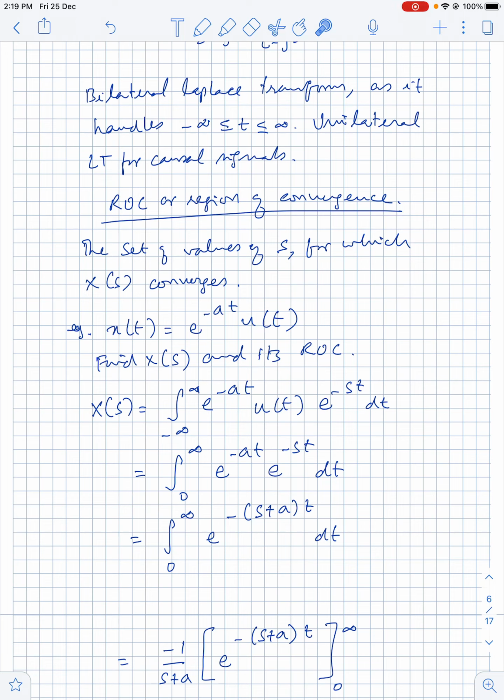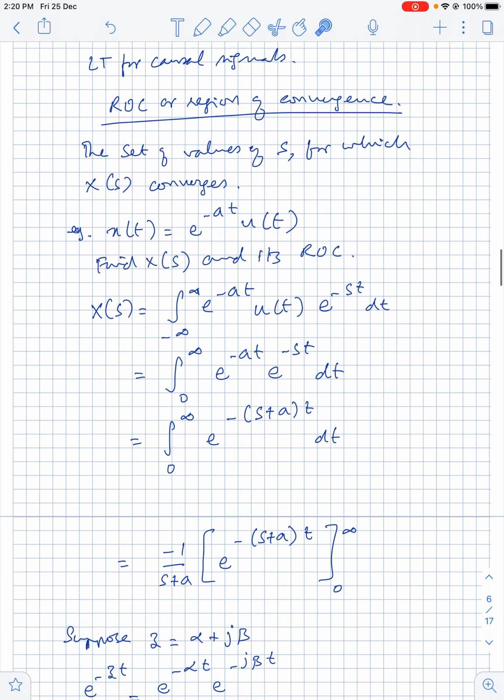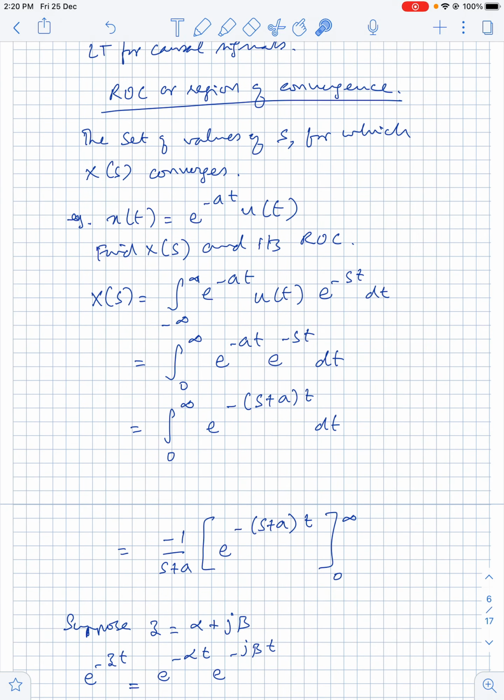Now, since it is a causal signal because of the u(t), our range reduces from minus infinity to plus infinity to 0 to infinity, with e raised to minus at e raised to minus st dt. If you manipulate it a little bit, finally you will get the answer minus 1 by (s plus a) e raised to minus (s plus a) t, where t takes the value infinity and also the value 0.